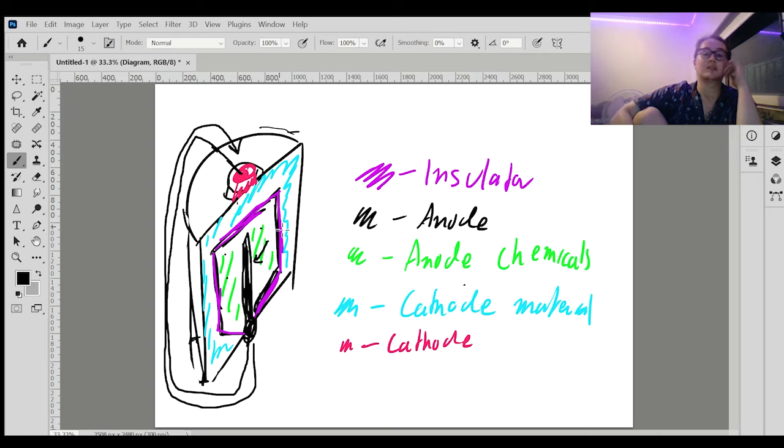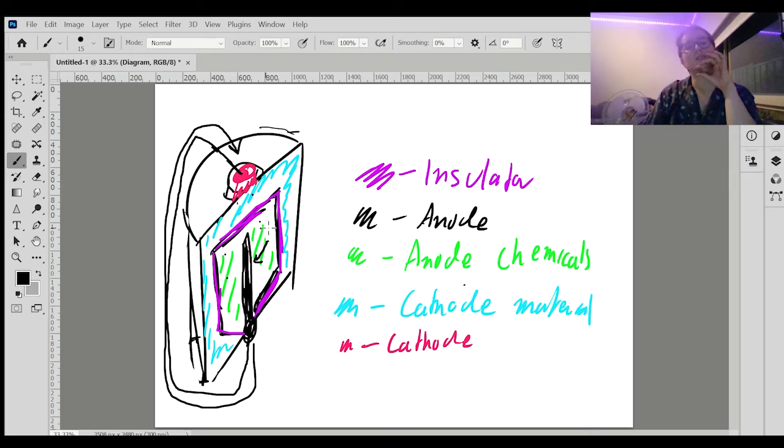Alright. We also have to worry about the insulator. The insulator does not allow the anode chemicals and the cathode chemicals to mix, it does not allow the blue to mix directly with the green. Were it able to, it would just produce heat, and that's completely useless unless you want a slightly more dangerous hand warmer, as usually batteries have some dangerous chemicals in them.